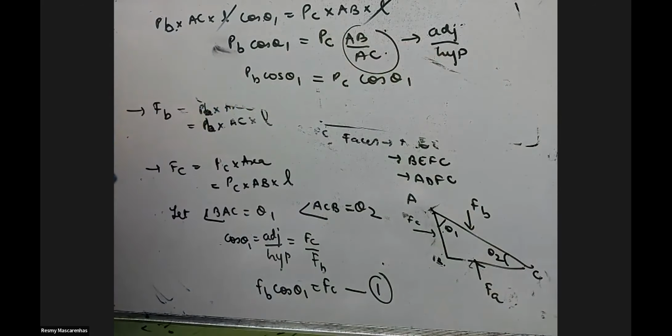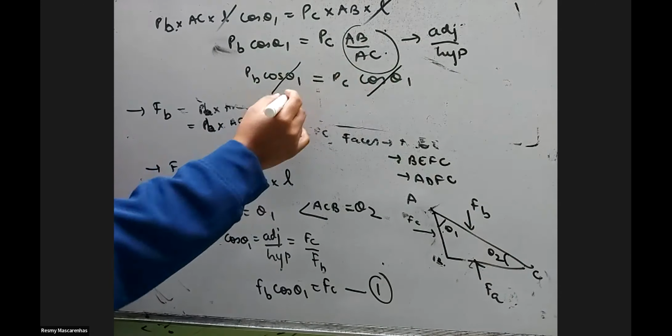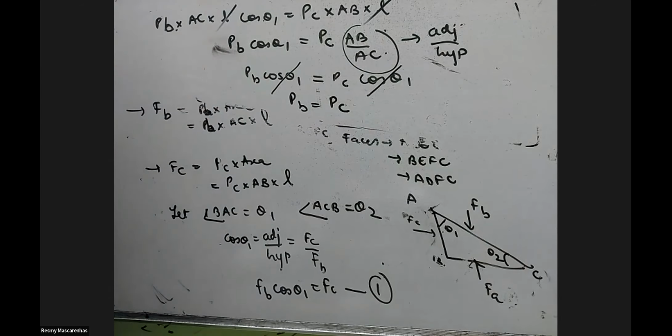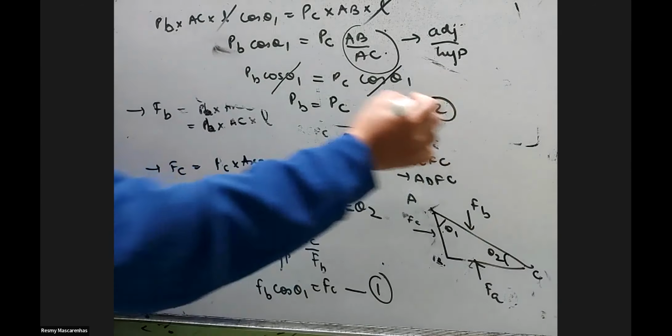So it's equal to cos theta 1. So cos theta 1 will cancel. Pb equals Pc. So mark this as equation 2.